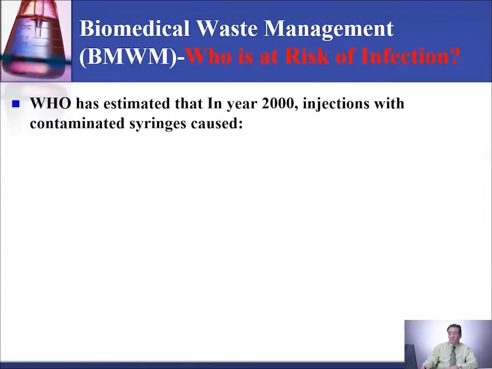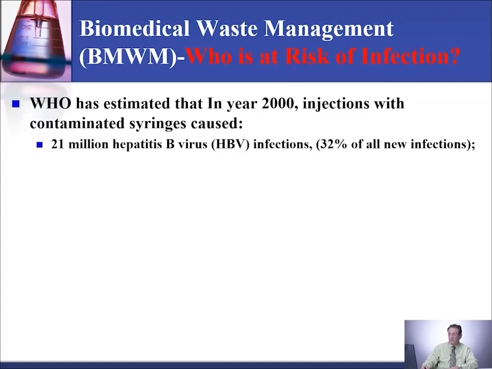To give you an idea about the magnitude of the issue and the number of people who get infected who work in healthcare, WHO has estimated that in the year 2000, and I tried to get updated statistics but I couldn't find them from WHO. So in the year 2000, injection with contaminated syringes caused 21 million hepatitis B virus infections.